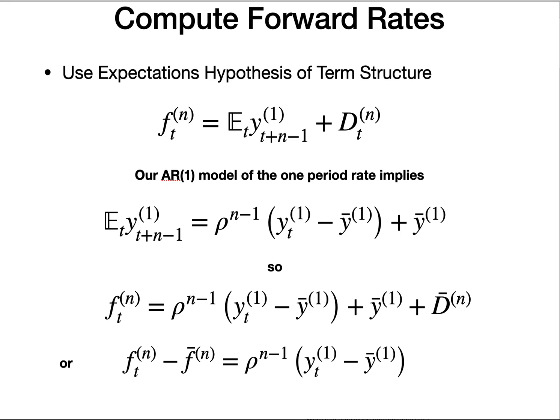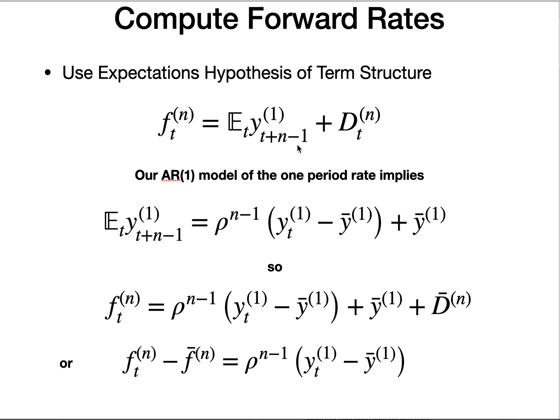So at time t, as we've discussed, under the expectations hypothesis of the term structure, the forward rate at time t of maturity n is supposed to be the constant term premium term, this d bar n, where d bar n is supposed to be a constant, and our expectation at time t of where the short rate, or the 1-period rate, will be at period t plus n minus 1.